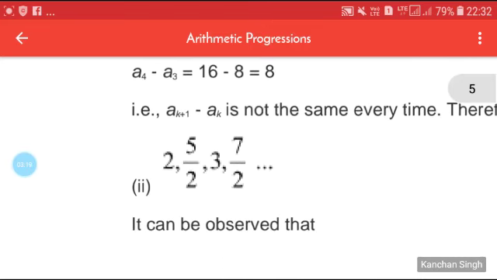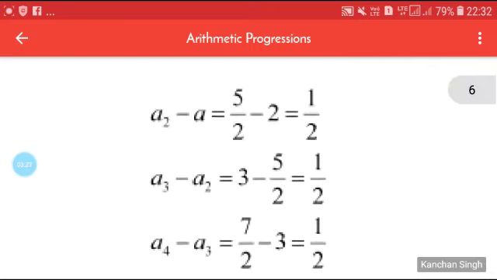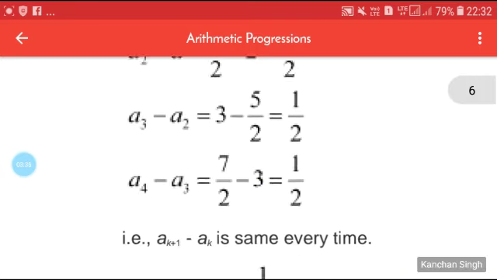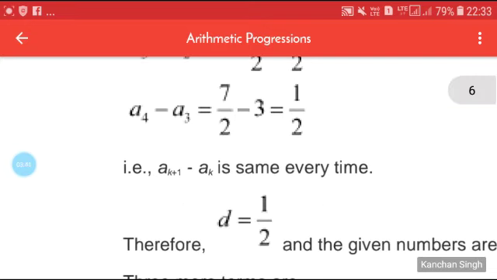Now see the second: 2, 5 by 2, 3, 7 by 2. Here also we write a2 minus a1. So 5 by 2 minus 2 becomes 1 by 2. Again 3 minus 5 by 2 is 1 by 2, and 7 by 2 minus 3 is also 1 by 2. So you observe that ak plus 1 minus ak is the same every time.